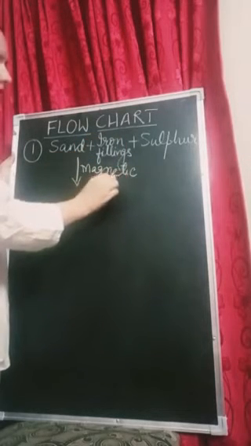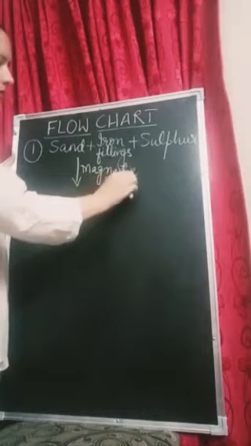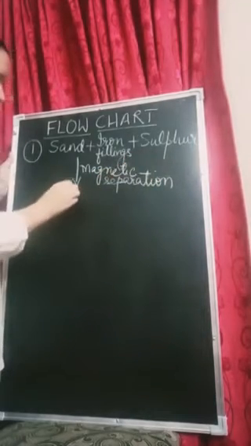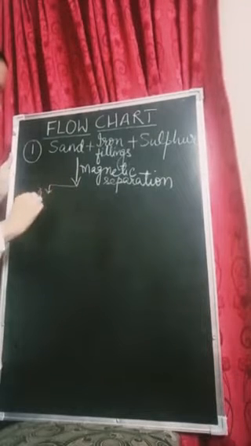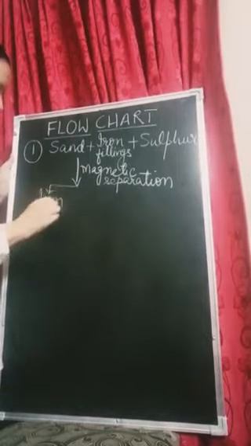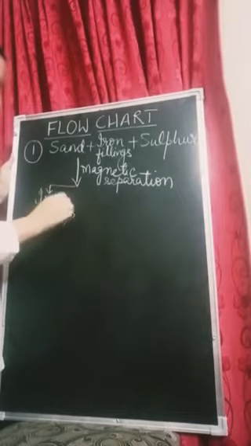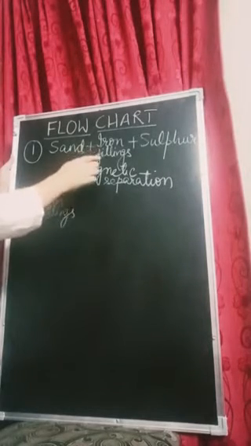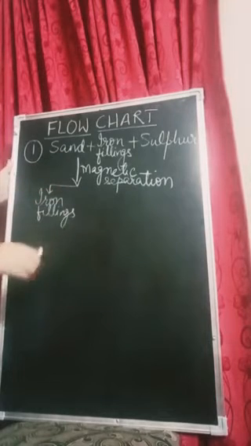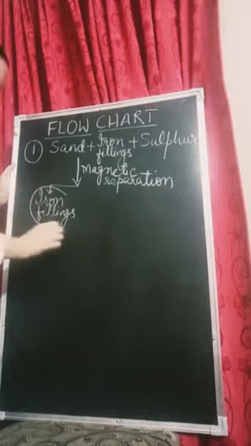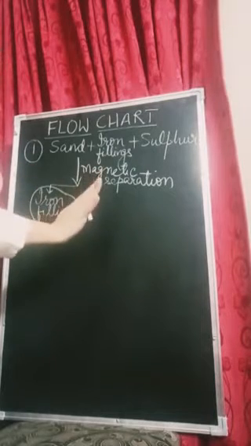According to this, iron filings will get attracted to the magnet and they will get separated, right? So when one thing is separated, then you can put a circle around it that this is now done.